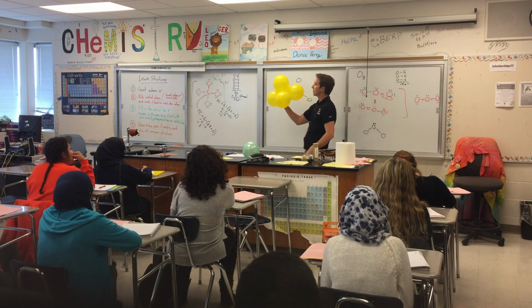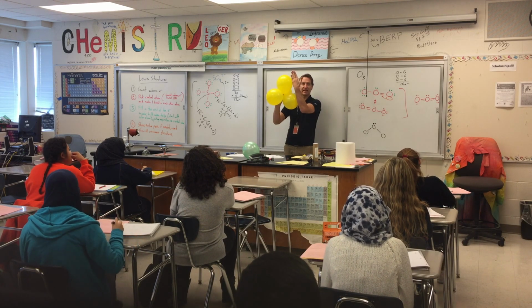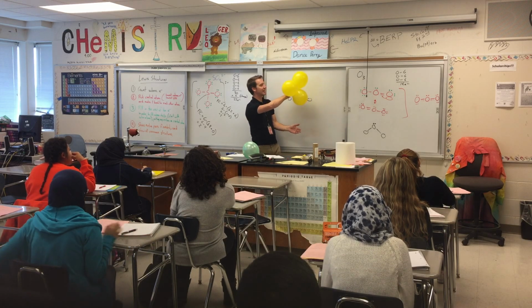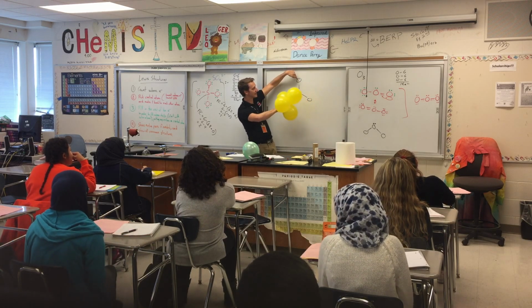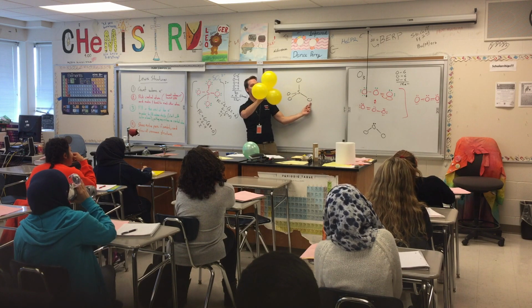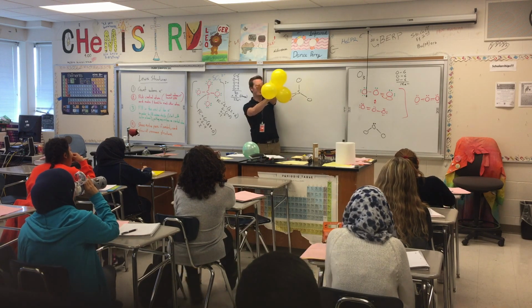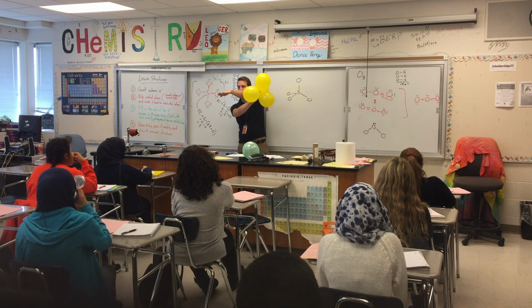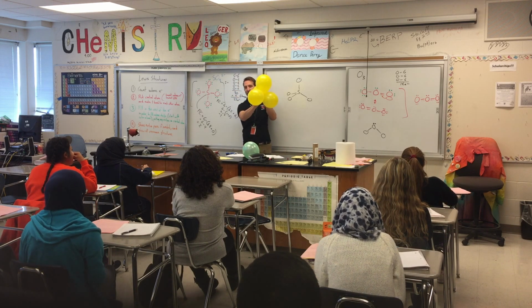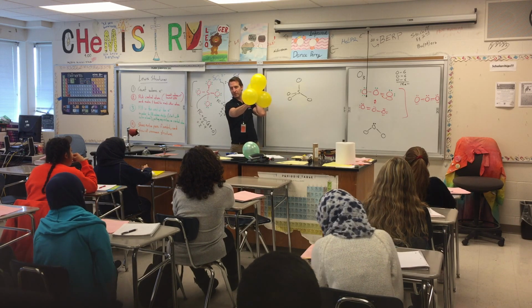So if I now rotate this so that the plane I was just talking about is the plane of the board, this one represents the oxygen up here, this one represents the oxygen over here, but this oxygen that I've drawn over here is sticking out towards us, right? This oxygen back here is coming back away from you guys.